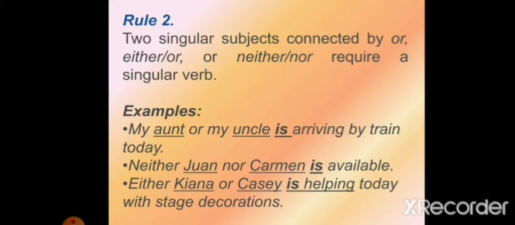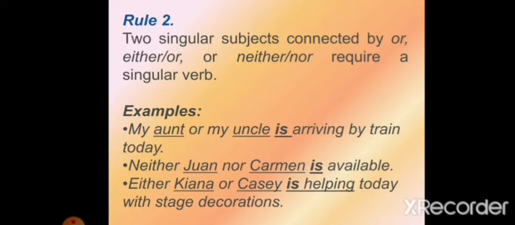Again, either Kiana or Casey is helping today. Either Kiana or Casey means one of them is helping today with stage decorations. So definitely you are taking it as one singular subject. So the helping verb, that is the primary auxiliary verb, will be used here.